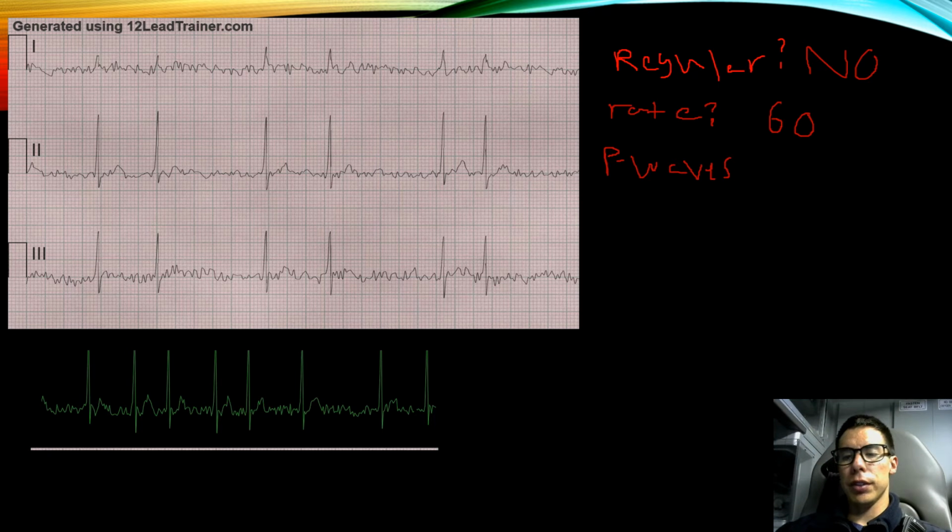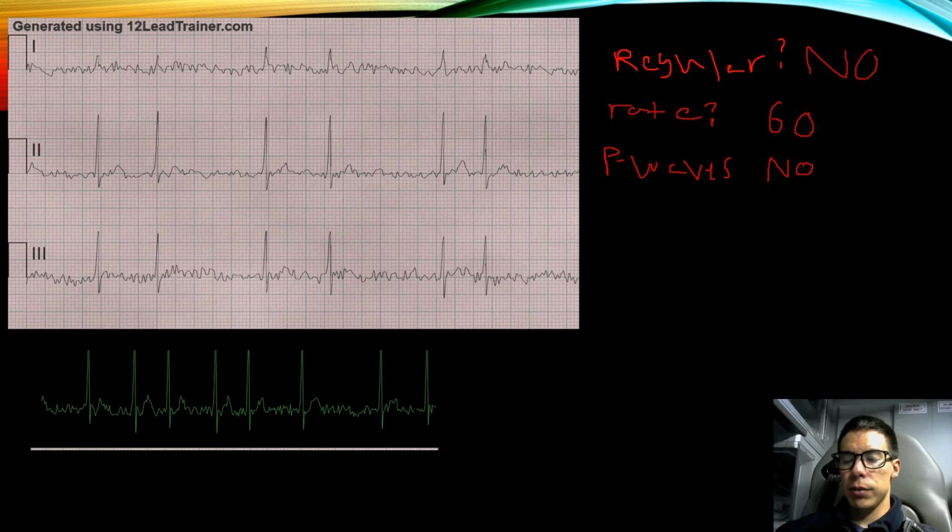So those aren't a bunch of P waves, it's just atrial quivering. And the reason I say it that way is because they're not P waves that are generating an organized, purposeful contraction of the atria. So therefore, these aren't really P waves. It's just a bunch of disorganized junk going on. So P waves, no, none, no discernible P waves.